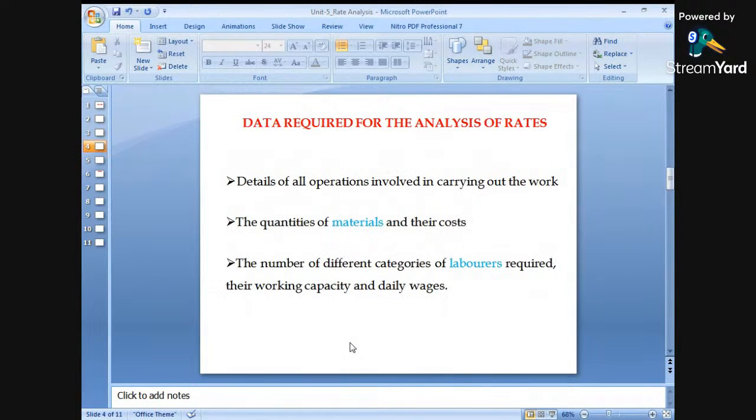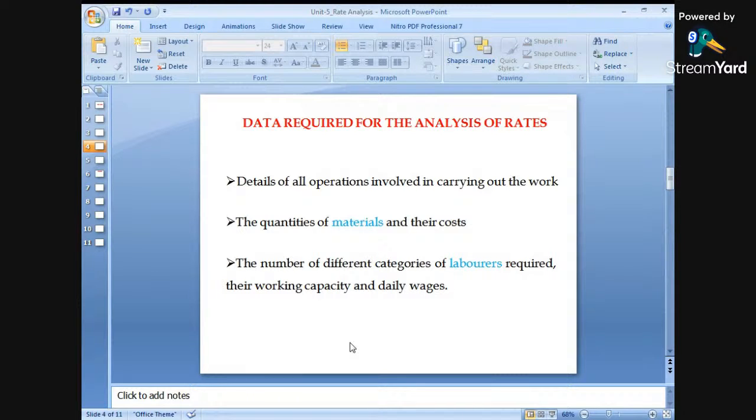Again, next is what are the data required for the analysis of rates? What are the different data required while finding out the rates of a particular item of work? So number one thing required is details of all operations involved in carrying out the work. What are the different operations?